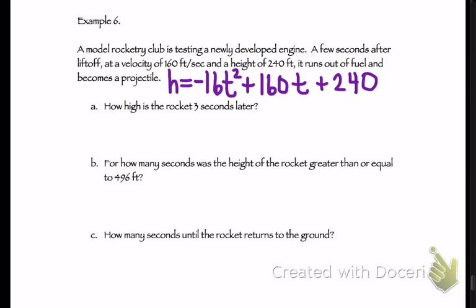Okay, so obviously we're going to need to manipulate our window because it looks like all I see is a vertical line on my screen. That can't be right. I know it's got to be a parabola that opens down. So, again, some advice that I can give you. Take a look at this number right here. I know that number is my y-intercept, the point where it crosses the y-axis.